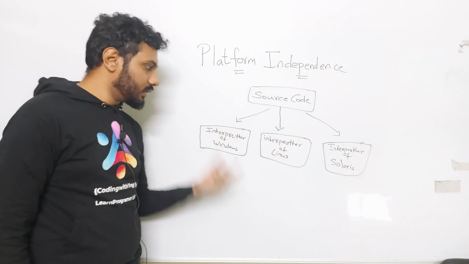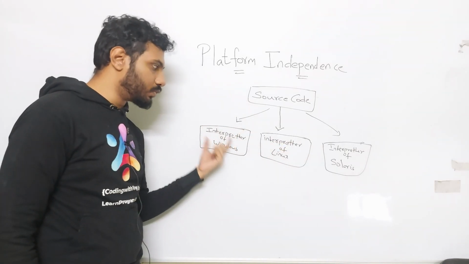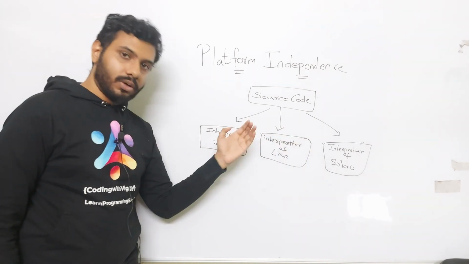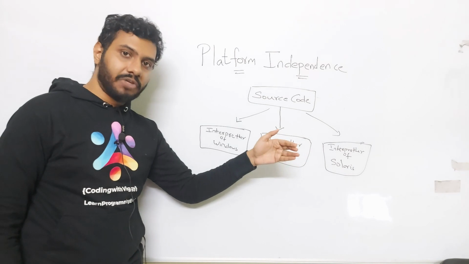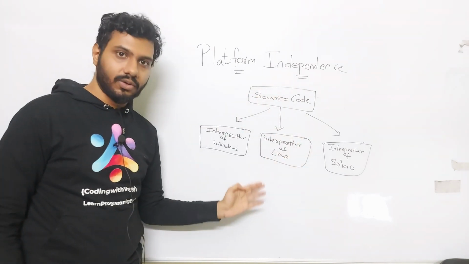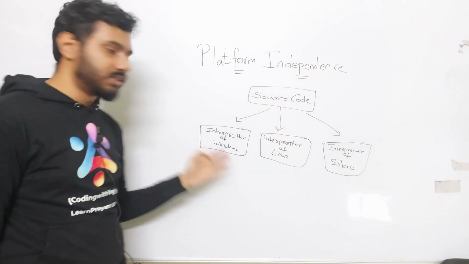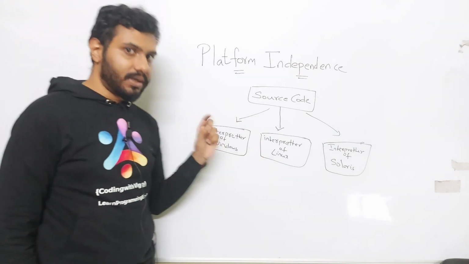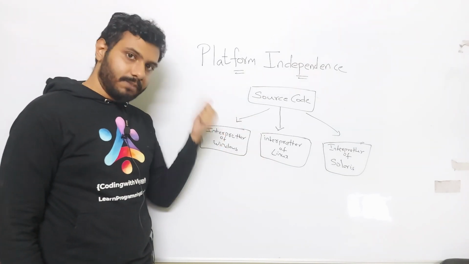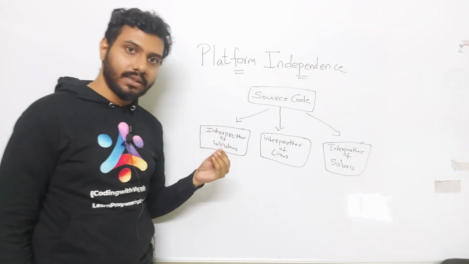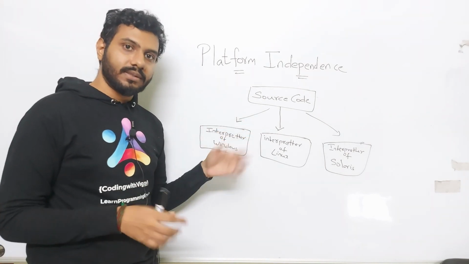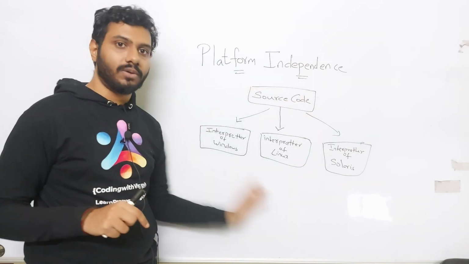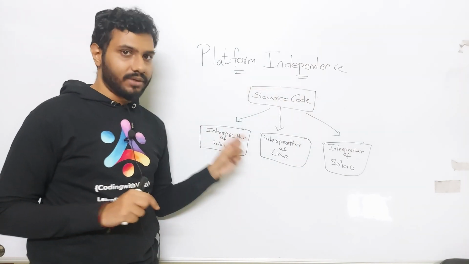You need to note that every operating system should have its own interpreter installed. When we talk about Java platform independence, we will talk more clearly about the JVM, which is also acting as an interpreter. Java's write once run anywhere concept comes from this concept only. You need to understand that.